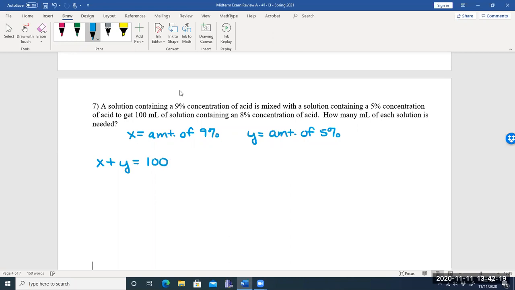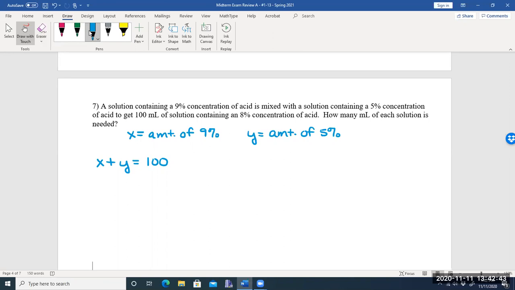We need to end with 100 milliliters. So however much liquid we pour from the first bottle and however much liquid we pour from the second bottle, they need to add to 100 milliliters. So my first equation is going to be x plus y equals whatever the total liquid is that we desire.